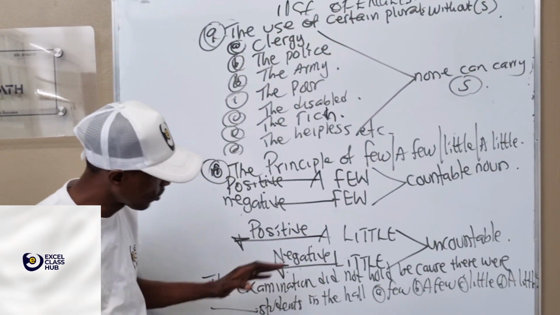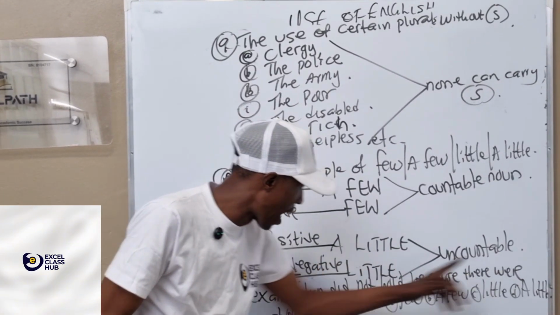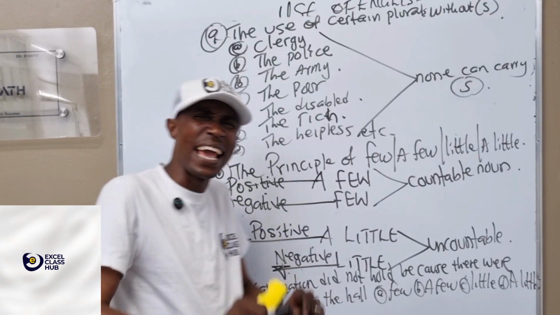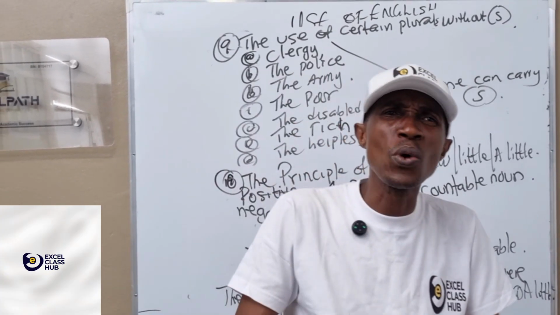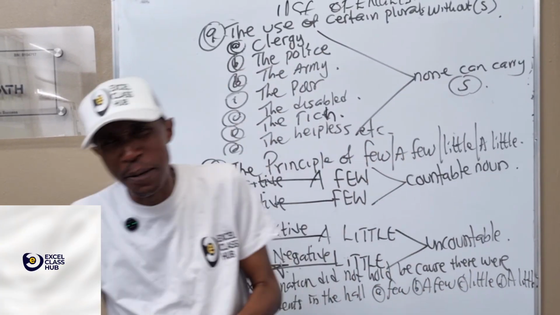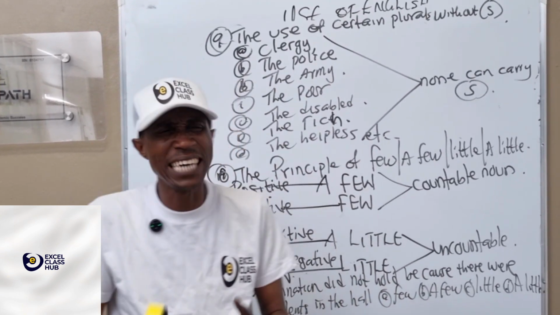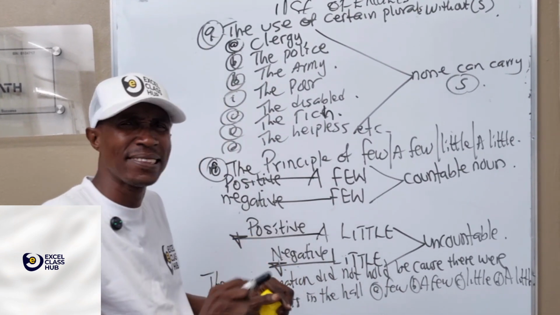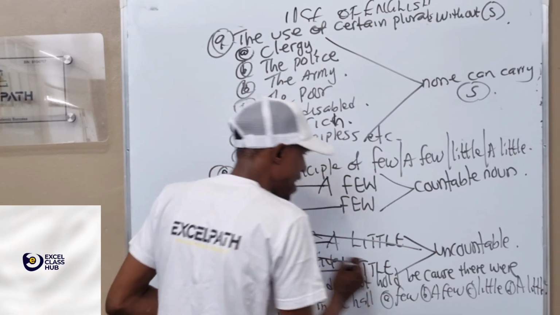Go back to the question. The examination did not hold. That's not where we are going. Because there were dash students. Can you count students? Yes. Since you can count students, are they countable or uncountable? They are countable nouns. For the fact that they are countable nouns, automatically our answer cannot be little or a little.